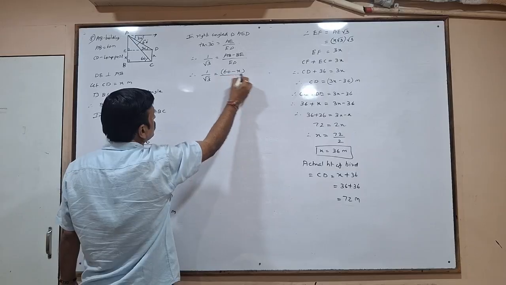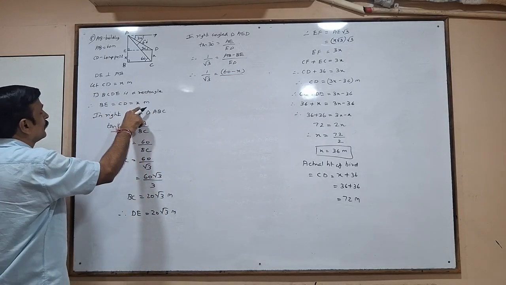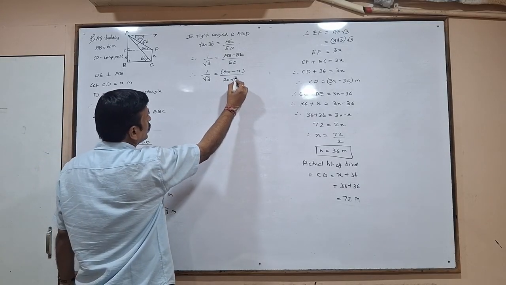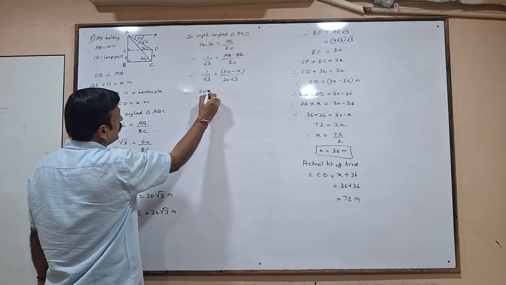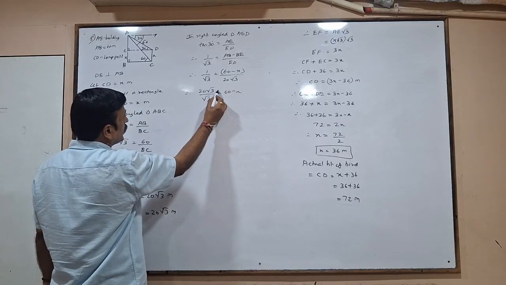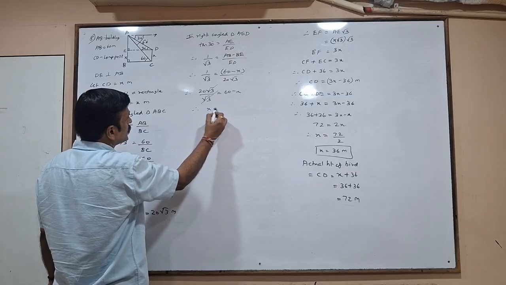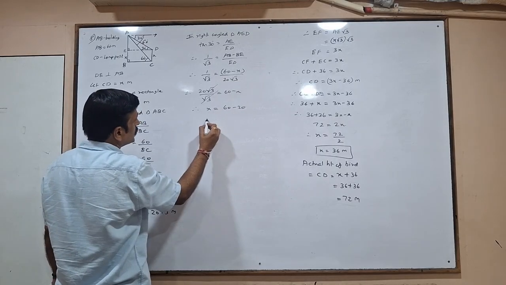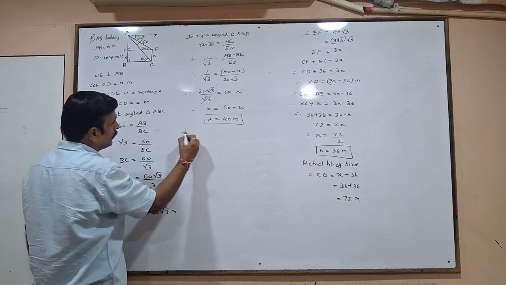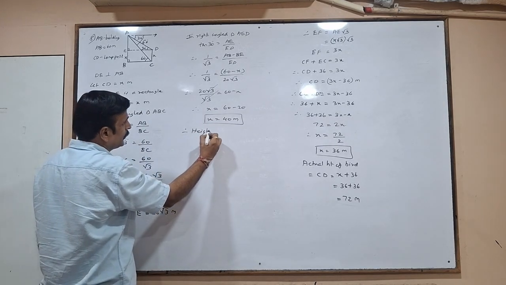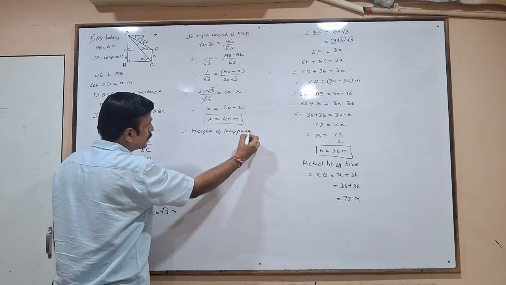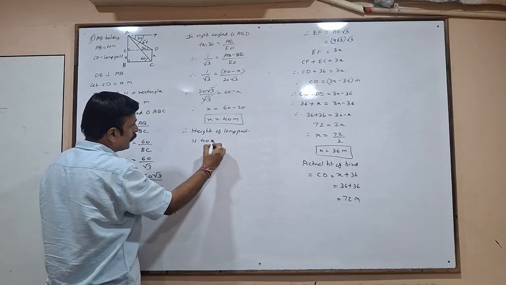BE is x, which we have considered, upon ED, which is 20 root 3. So 20 root 3 upon root 3 is 60 minus x, root 3 cancels, x will be 60 minus 20, x is 40 meter. So height of lamp post is 40 meter.